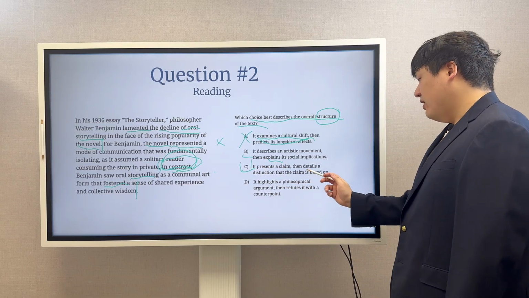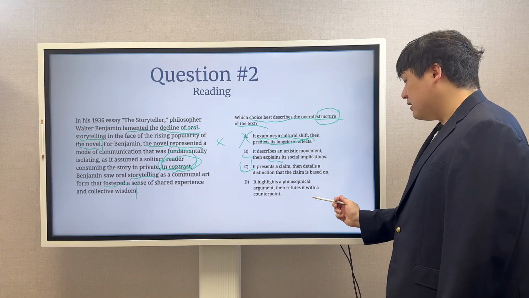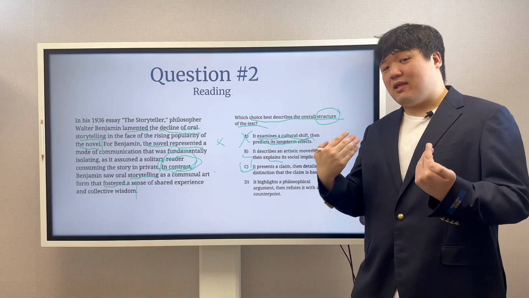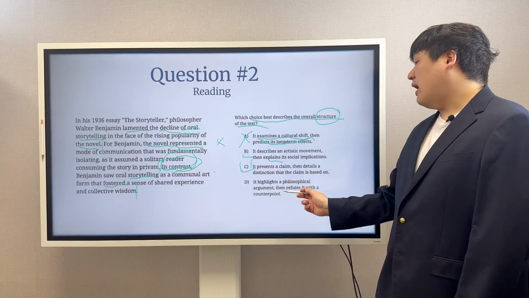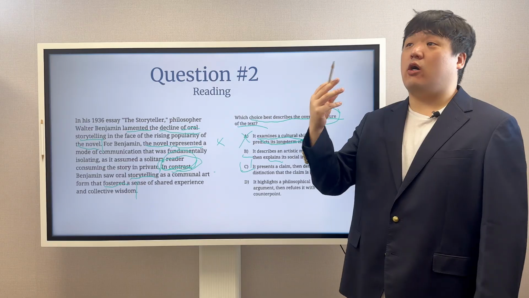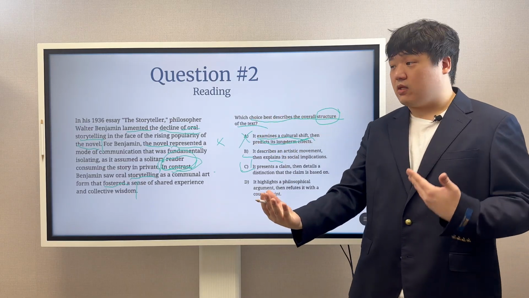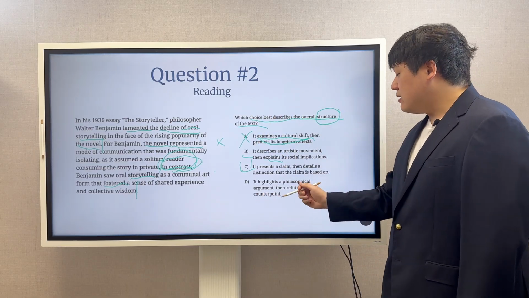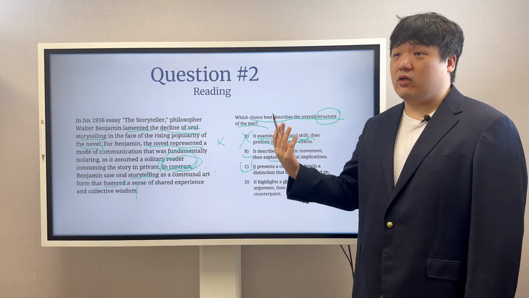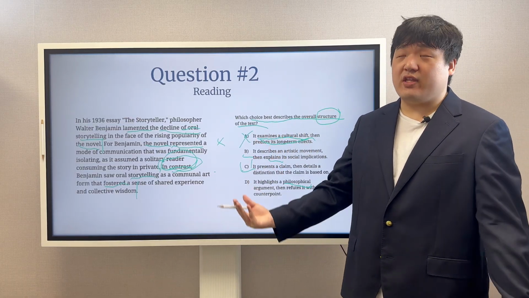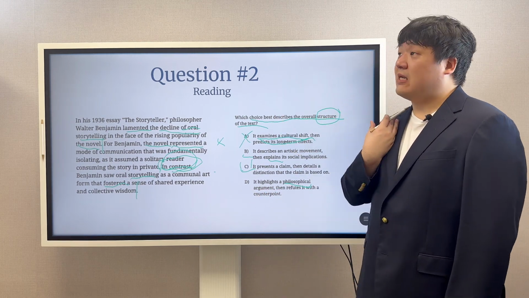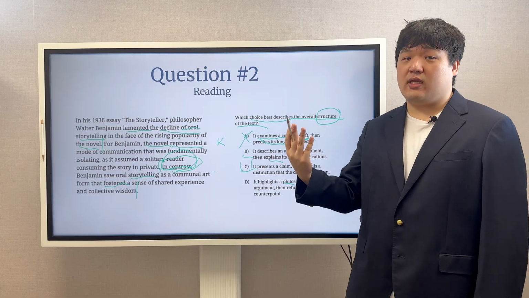D highlights a philosophical argument, then refutes it with a counterpoint. This one might seem like the answer because, again, it uses refute, which in your mind you should connect to, well, in contrast, it's arguing against something. However, the issue is a philosophical argument. While depending on how metaphysical you want to get, everything can be philosophical, within the context of the passage, he's discussing his observation on this trend as a fact.